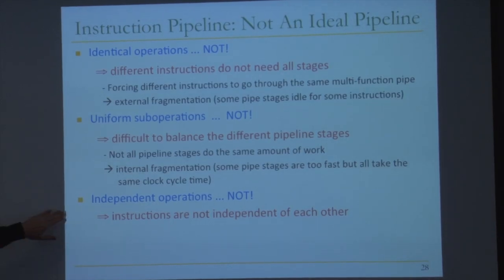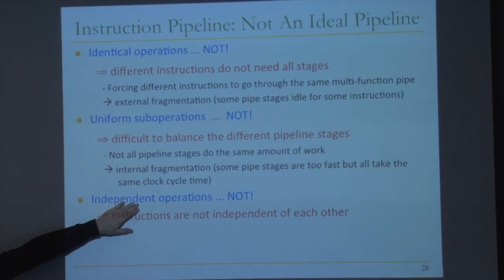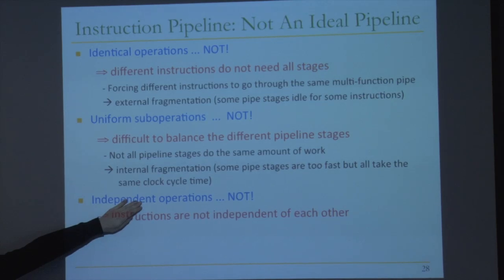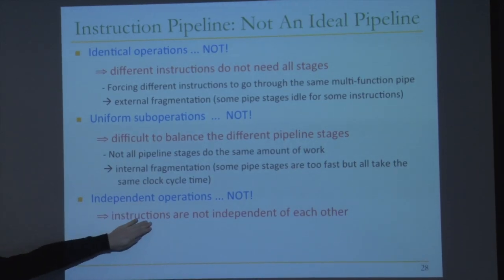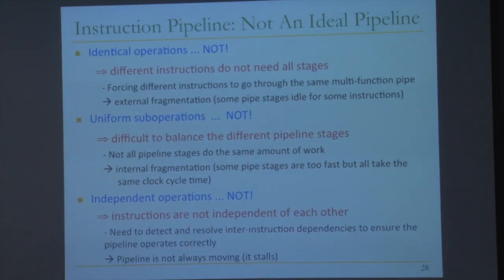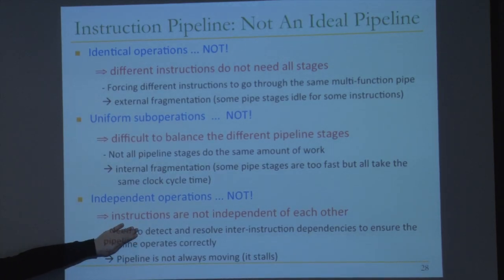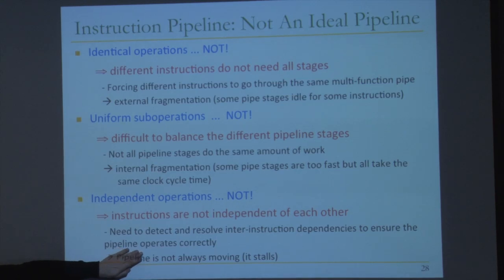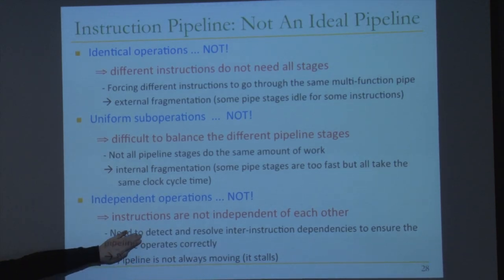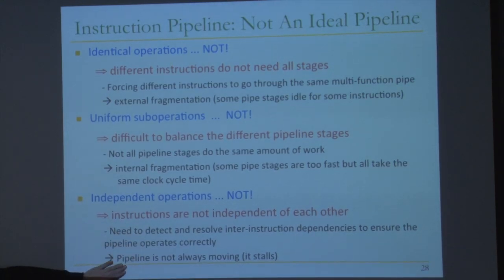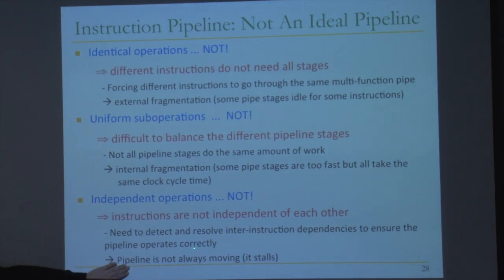And finally, independent operations exist, but there are many operations that are dependent on each other. Instructions are not always independent of each other, right? Which means that you need to somehow detect and resolve these dependencies to ensure the pipeline operates correctly. You cannot ignore these, right? And this also adds latency. All of these increase latency in the pipeline.